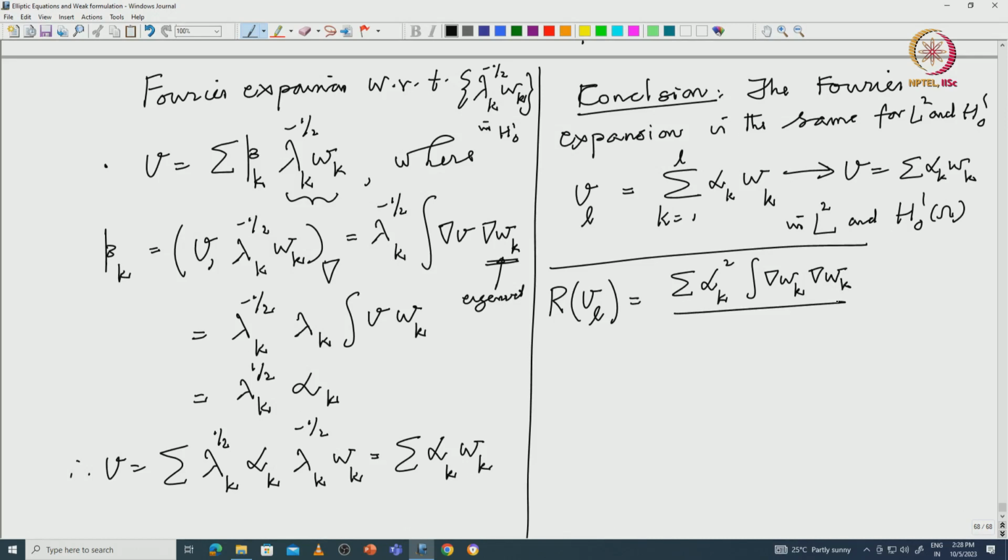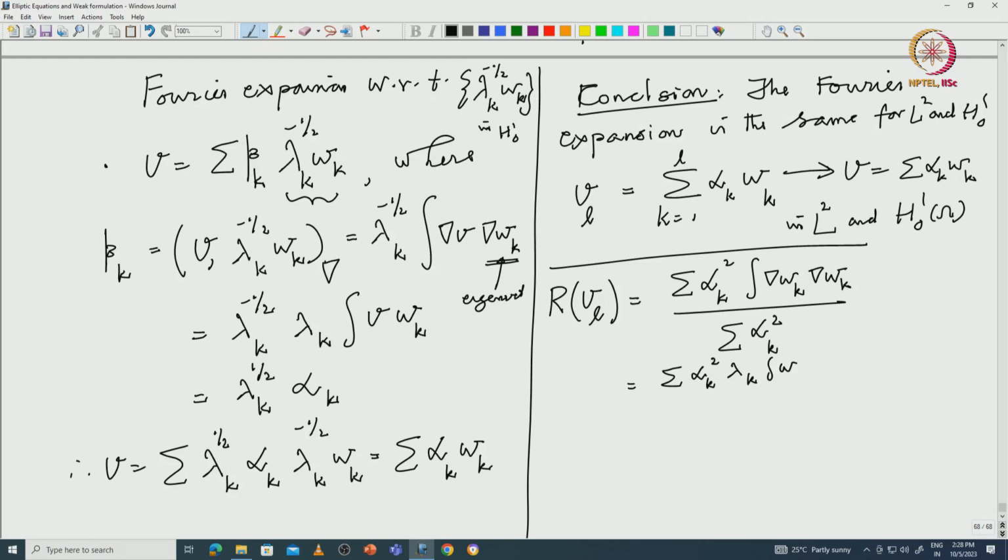You just recall, sigma alpha k square, but this is an eigenvector. Wk is an eigenvector. So this is nothing but sigma alpha k square lambda k integral of Wk squared. We always normalize it.